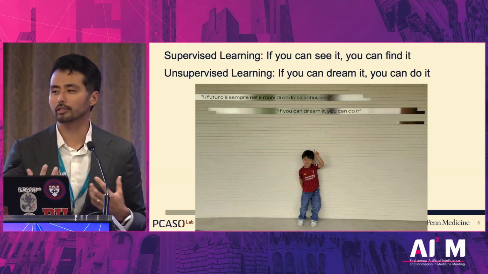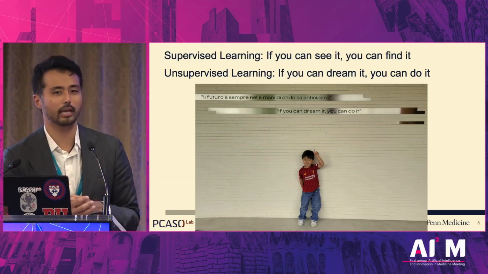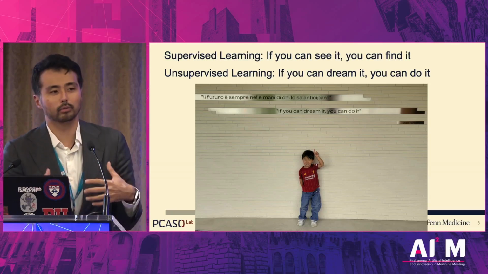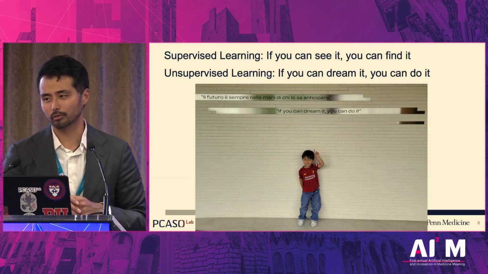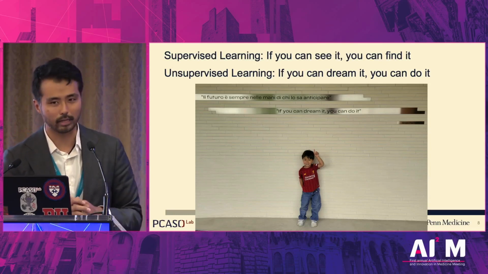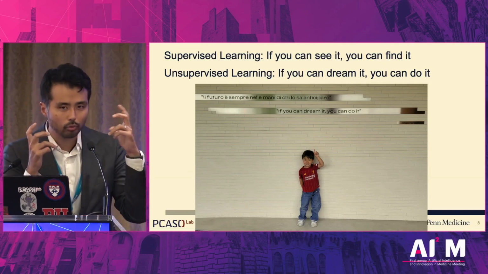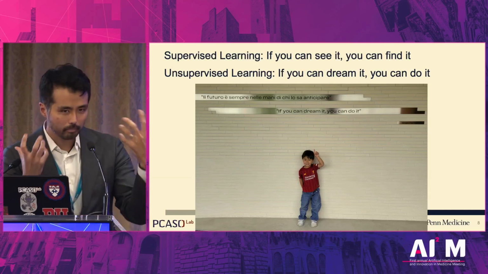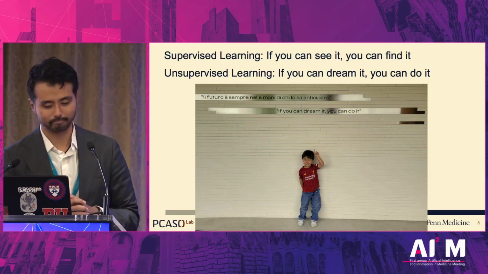Because there are ways of interpreting data that we as humans can't quite comprehend, and we want to leverage the power of these computing infrastructures and these techniques that all these brilliant engineers in the room with us here are developing to really unlock new ways of thinking about medicine and thinking about how we deliver care.